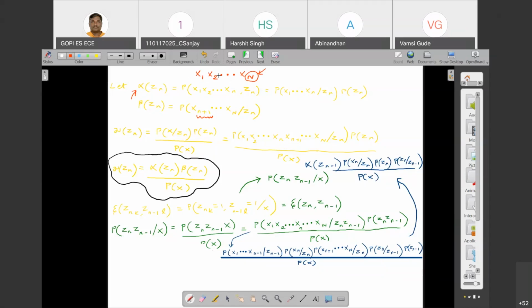You are going to divide this into two parts. One is x1, x2, and so on up to xn, and then from xn plus 1 it goes all the way up to xN. This is the first part, and we have a second part here.